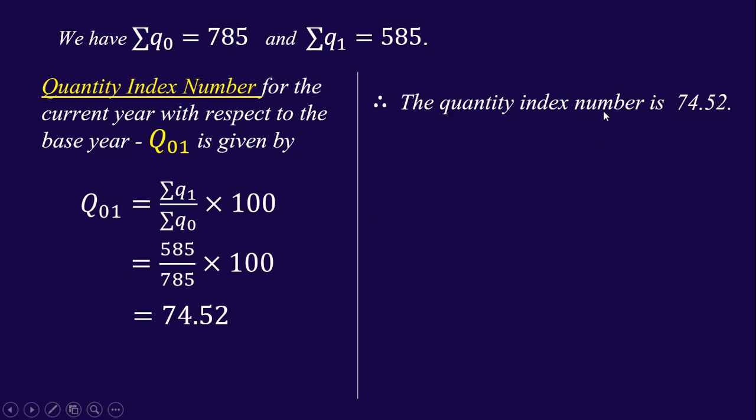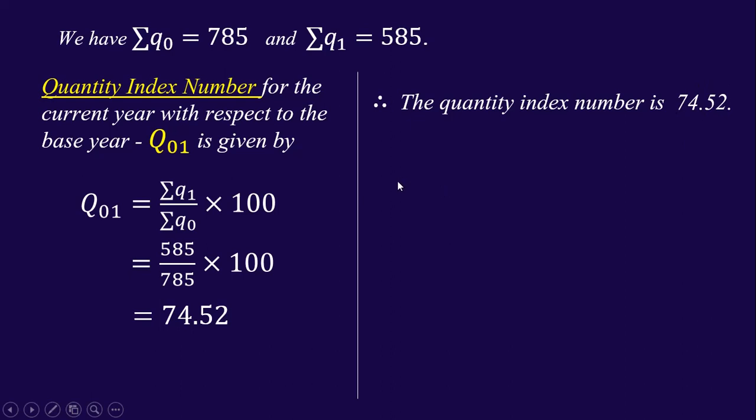Now this quantity index number indicates that if in the base year a commodity has quantity 100, then in the current year the same commodity has quantity approximately equal to 75. That is, there is a decrease.